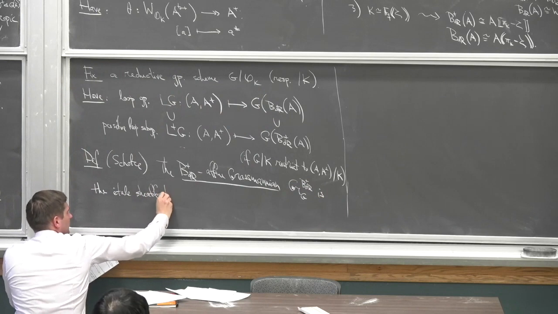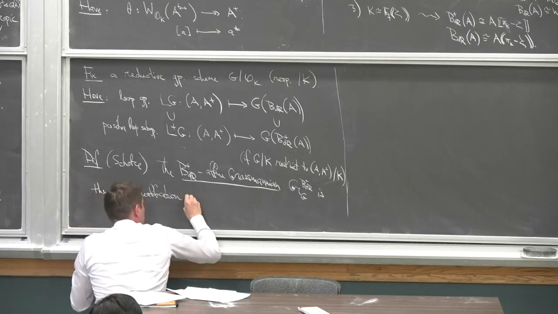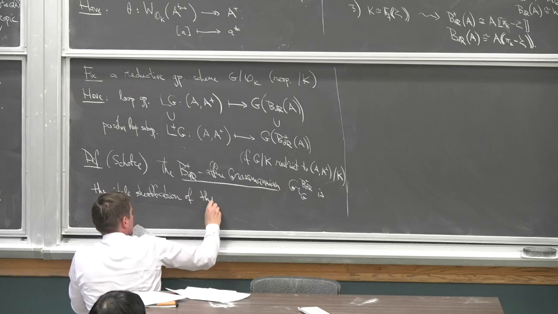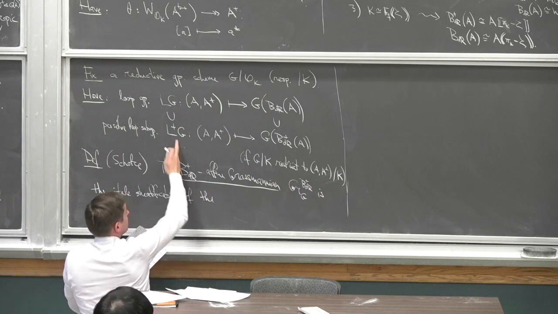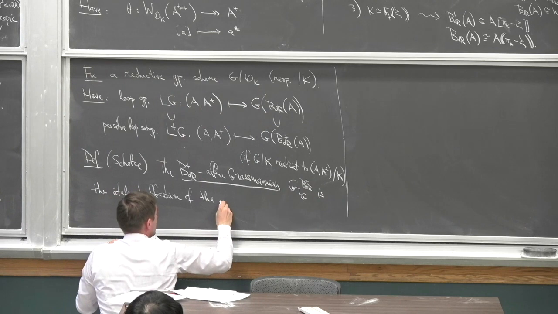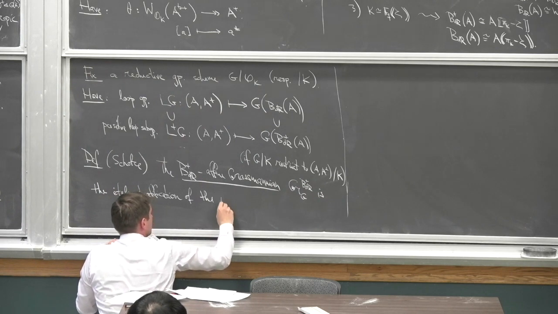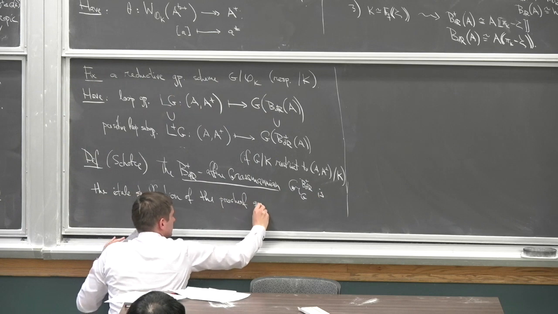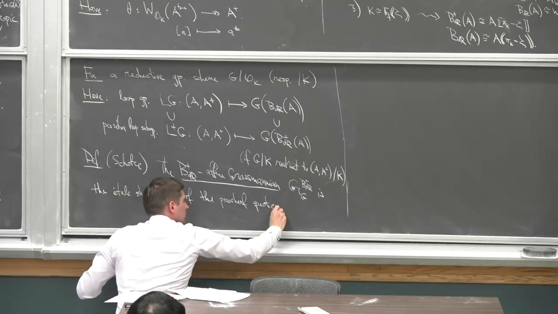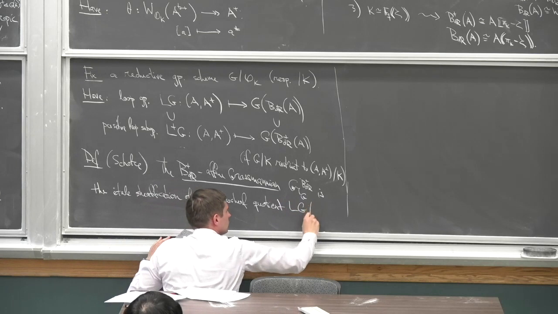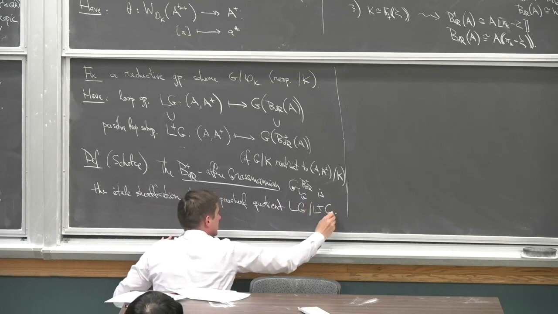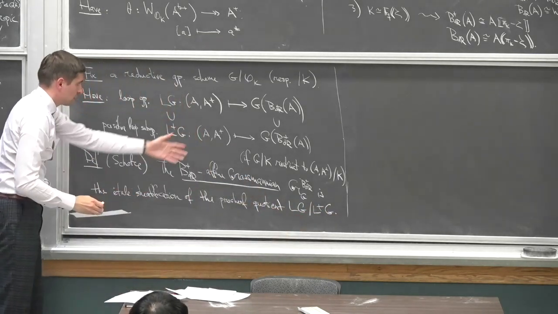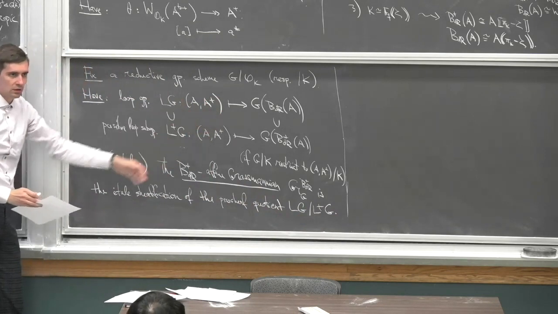It's the étale sheafification, on these perfectoid algebra pairs, of the presheaf quotient LG modulo L plus G. So same definition, just the functors are different than the classical case.